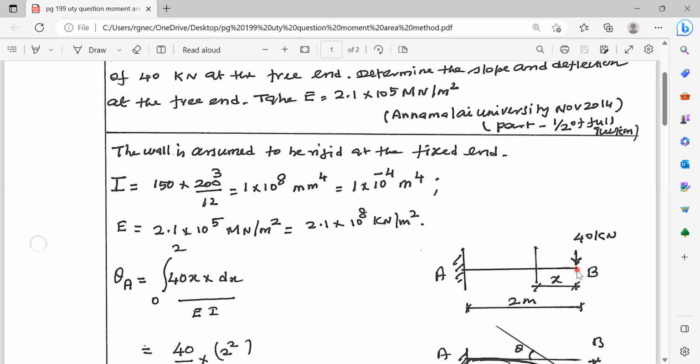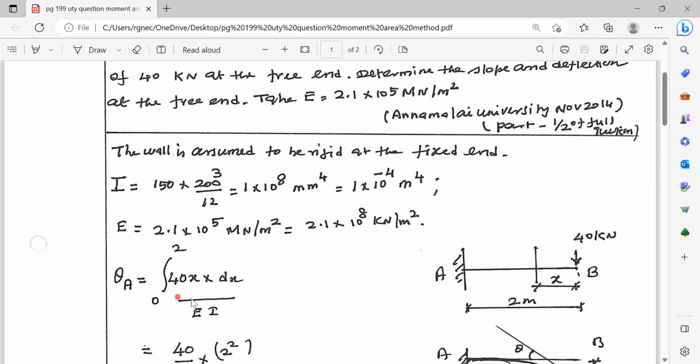As per Mohr's theorem, theta B minus theta A is equal to the area of the bending moment diagram between the points B and A into 1 by EI. Theta A is 0, so theta B minus theta A is equal to theta B itself.